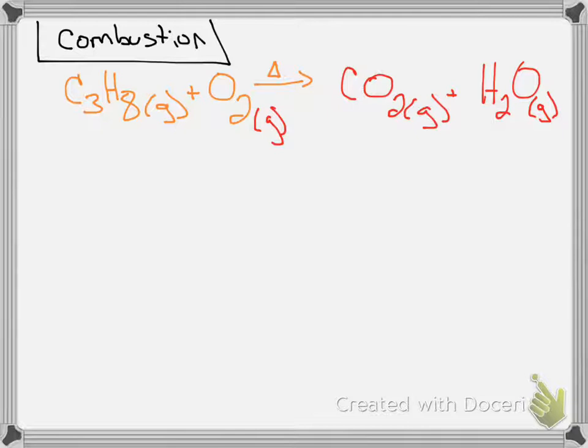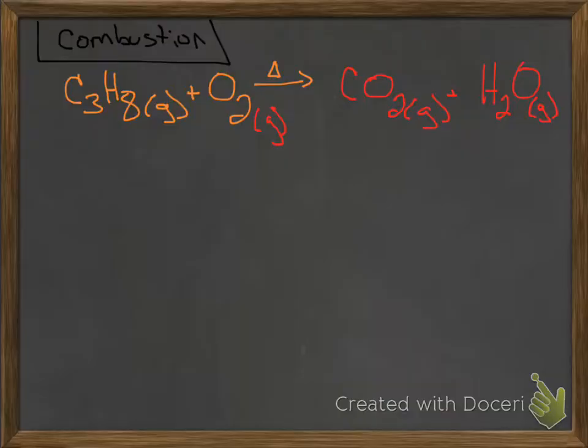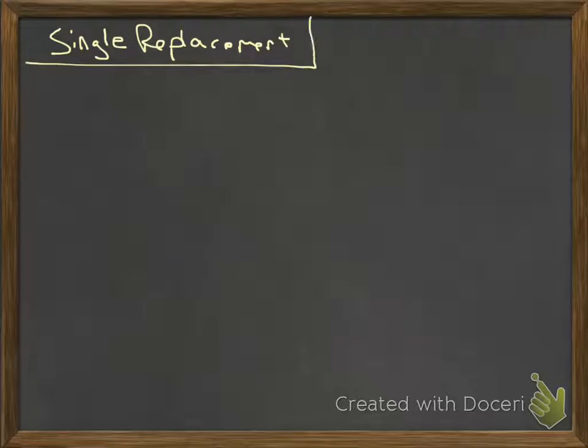Let's look at a second type of reaction then. Let me erase my strokes here. Okay, second type of reaction now, single replacement. So again, single replacement reactions we should be pretty familiar with, because our last lab highlighted a lot of single replacement reactions.